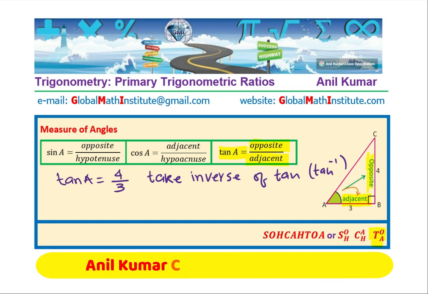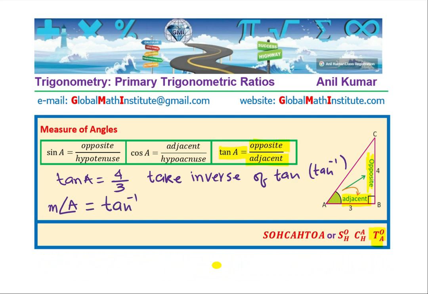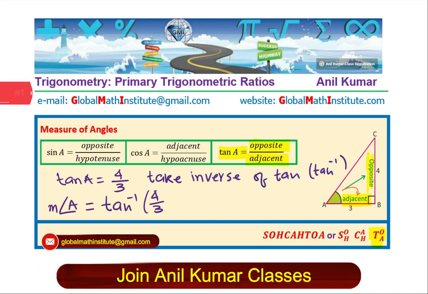How do we do it? There is a shift key. You can press that and then tan. But to write it, we write measurement of angle A is equal to tan inverse of 4 over 3, correct? That is how we do it.